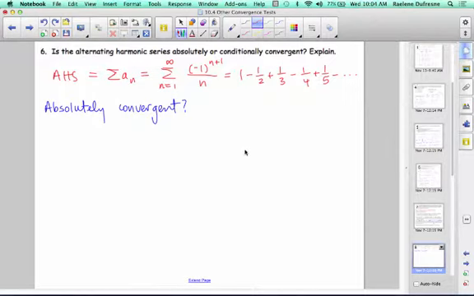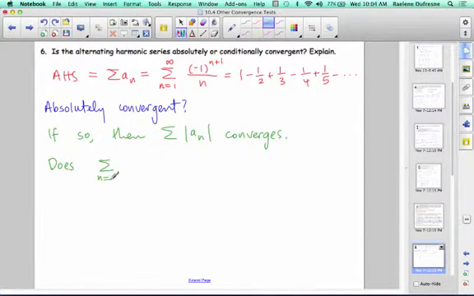So is this absolutely convergent? If so, then the series of the absolute value of the an terms converges. So we ask, does the series from n equals 1 to infinity of, when we're taking the absolute value, you just don't need to write the negative 1 to the variable exponent part, so does the series of 1 over n converge?